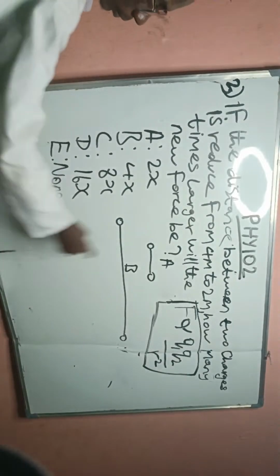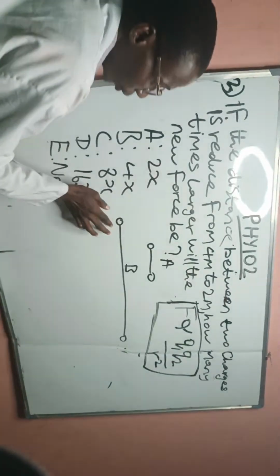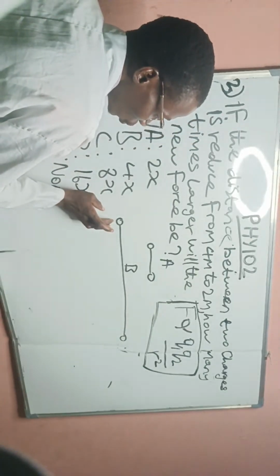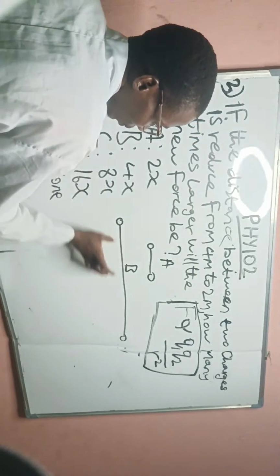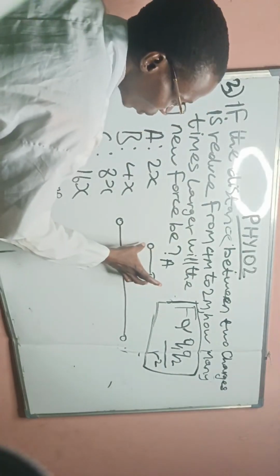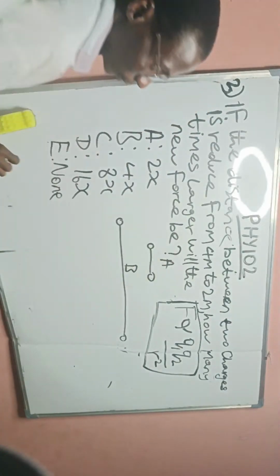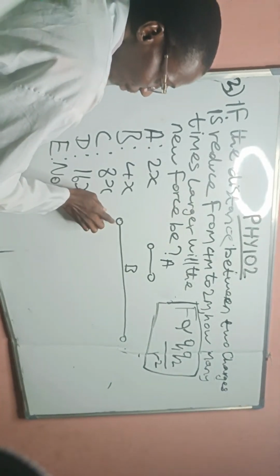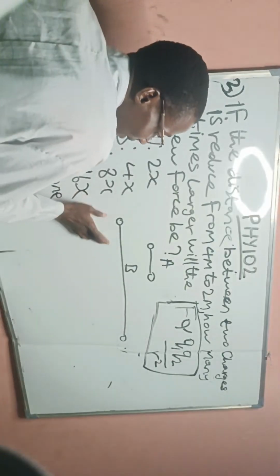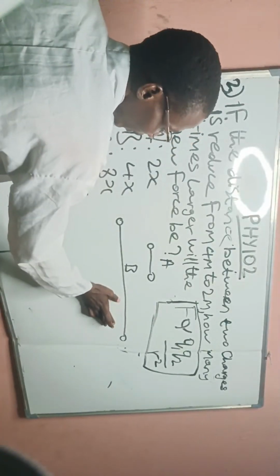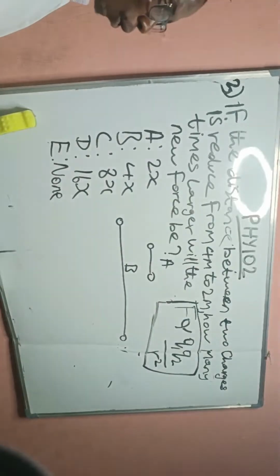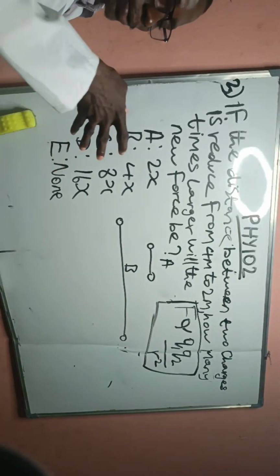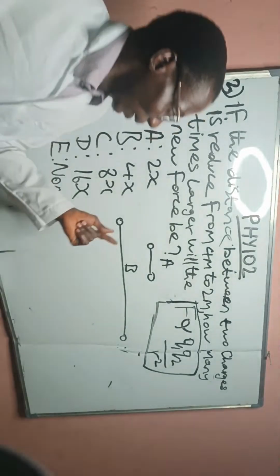Now, when you increase this distance, because distance A is higher than distance B, the speed of force for distance B will be lower, which will reduce.